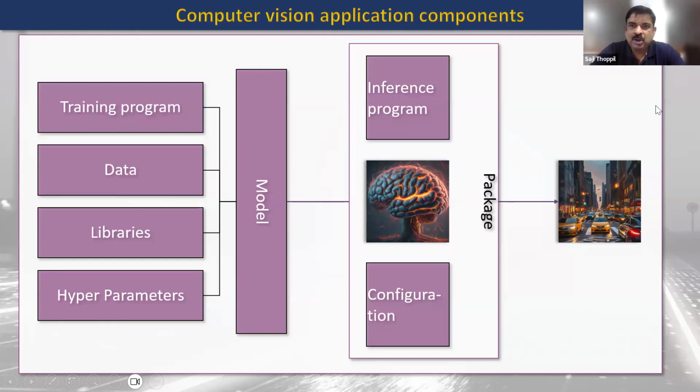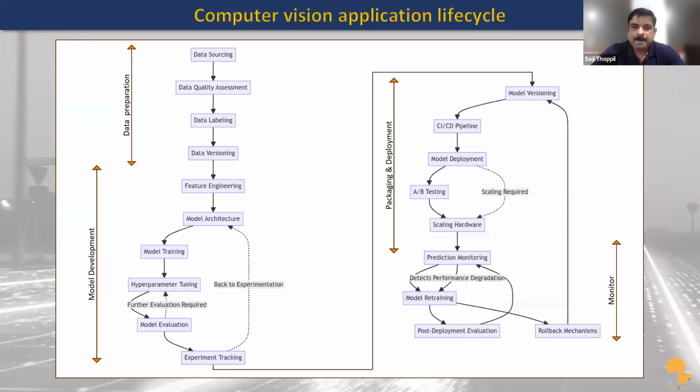What are the components of MLOps and how important it is. So this is peeling an onion a little bit more on this entire development process of an artificial intelligence, a computer vision system.